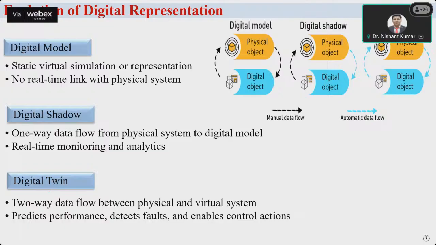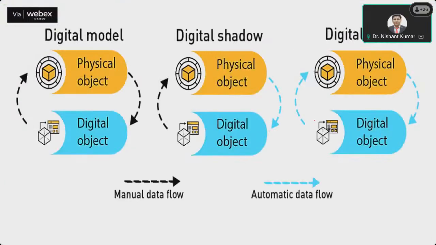Meaning you can visualize, you can analyze, and if required you can give a command back to the physical system, so that the physical system can take the corrective action accordingly. Definitely here you are not going to use the DSO; you will use a computer. You take the voltage and current on your computer and visualize the waveform.